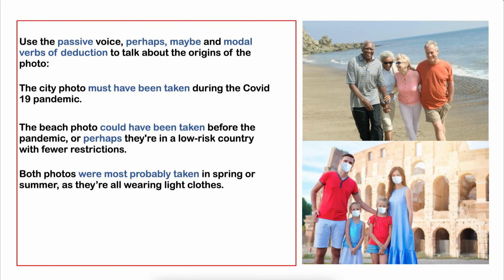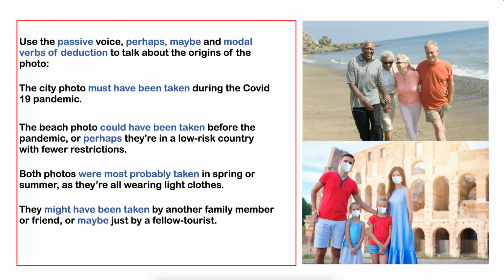Both photos were most probably taken in spring or summer, as they're all wearing light clothes. They might have been taken by another family member or friend, or maybe just by a fellow tourist.